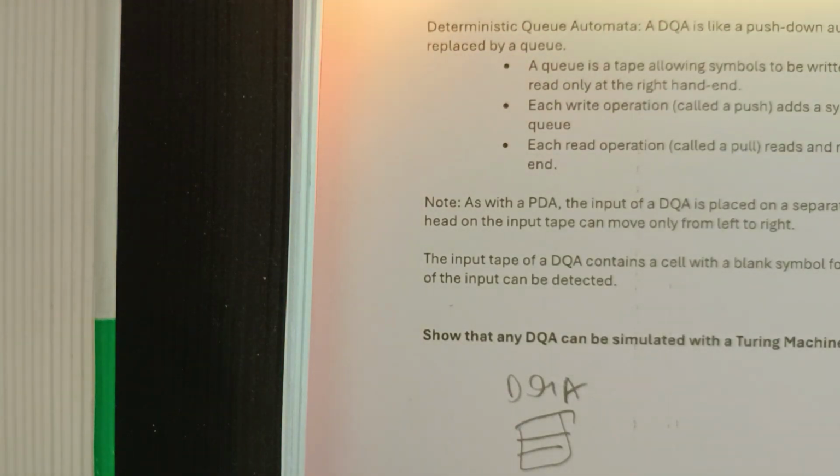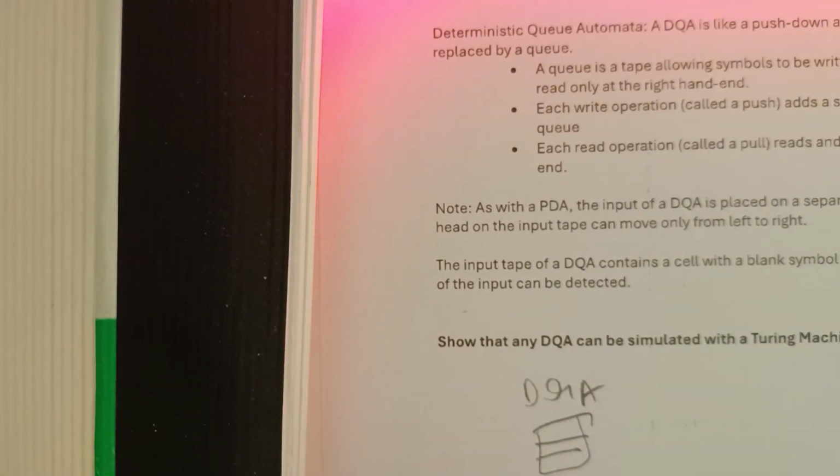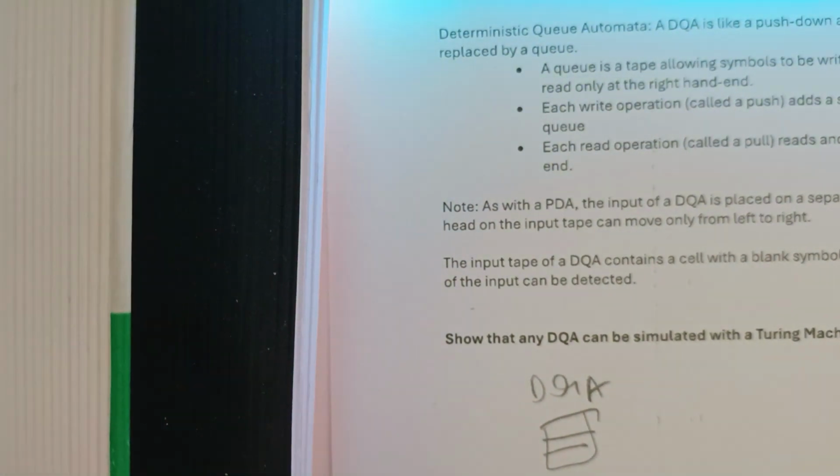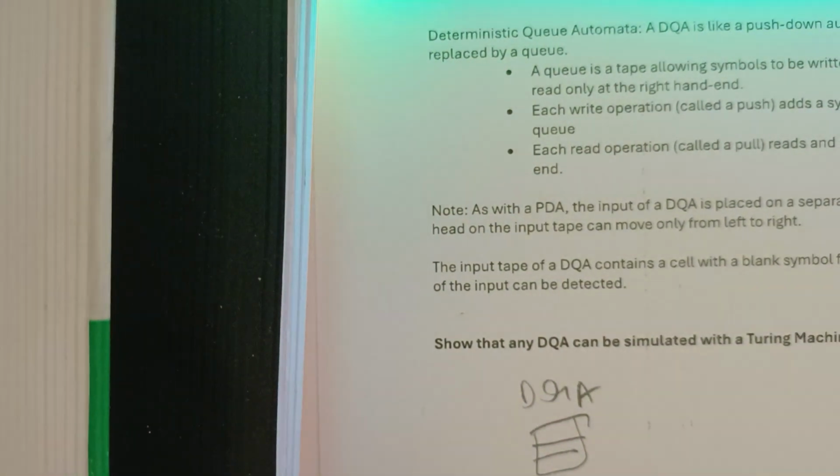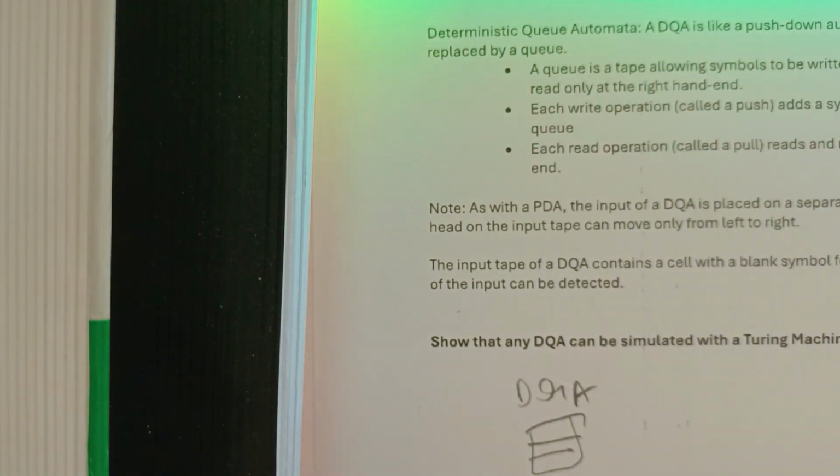In each step, the automaton looks at the current state, then the current input symbol, and third, the symbol at the right-hand end of the queue.